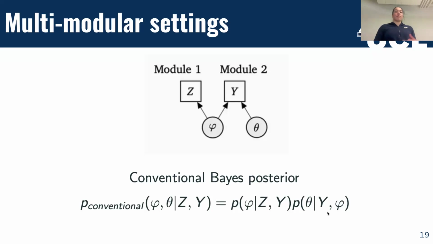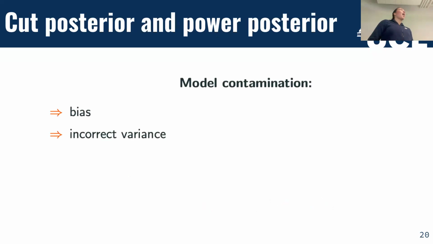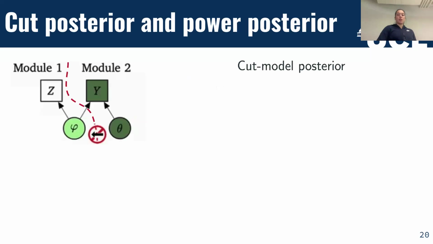But what happens if we have model misspecification? What if one of these modules is misspecified? The authors of the paper have the saying that if it's anywhere, it's going to be everywhere. So even if one of the modules is misspecified, there's a high chance it's going to distort the whole model, leading to bias and incorrect variance, which is obviously not something that we want.